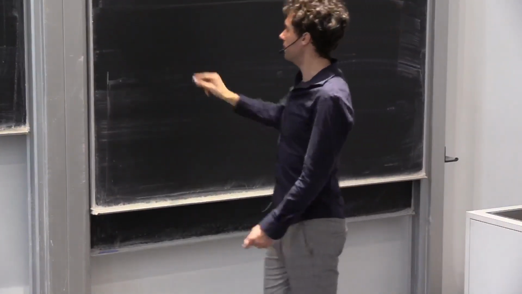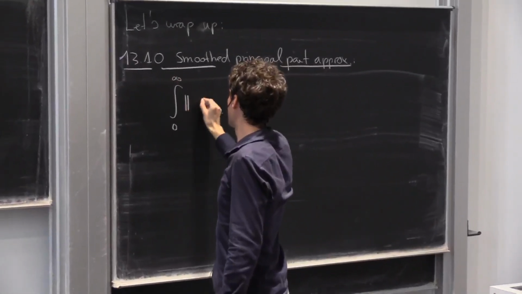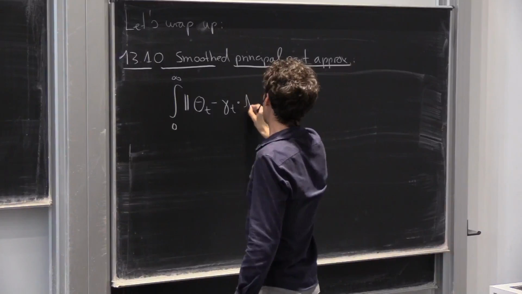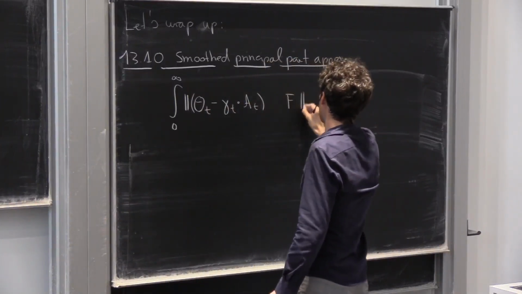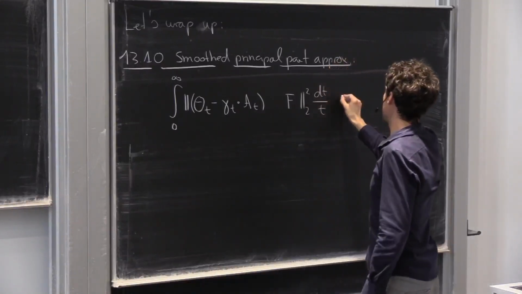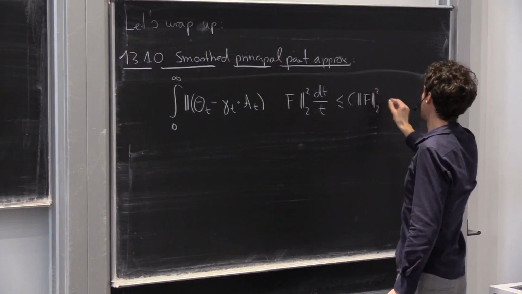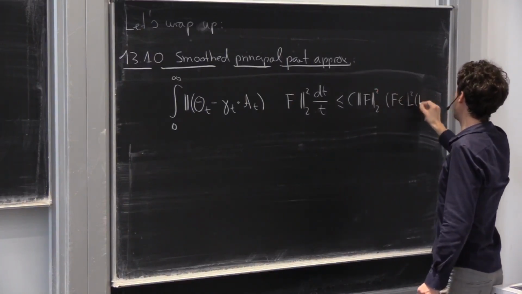And it says the following thing: integral from 0 to infinity of theta of t minus gamma t times At applied to f squared dt over t is controlled by f in L2. And actually this thing doesn't require a gradient field. It's going to work for every L2 function.